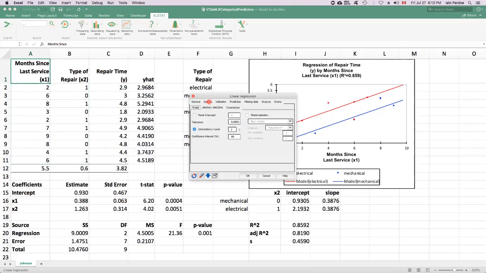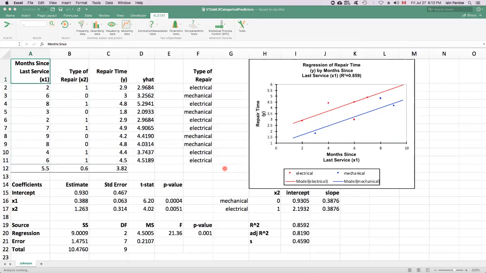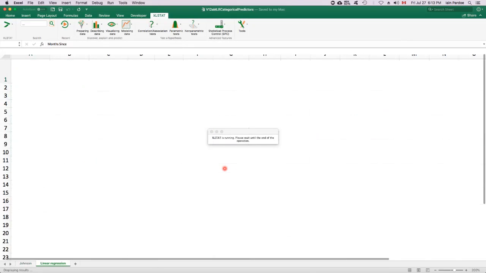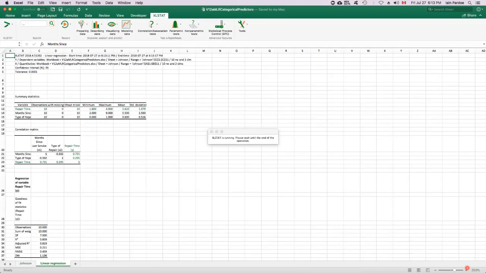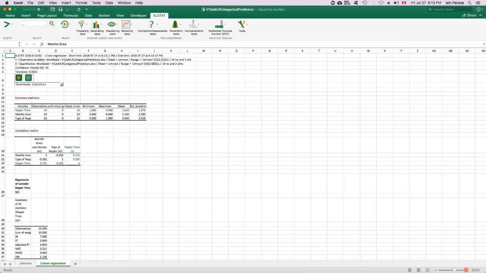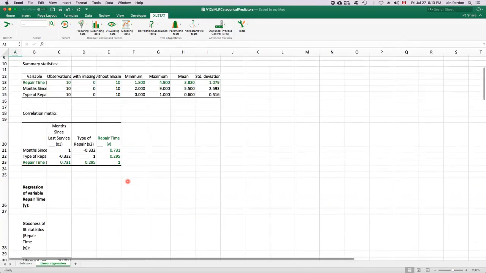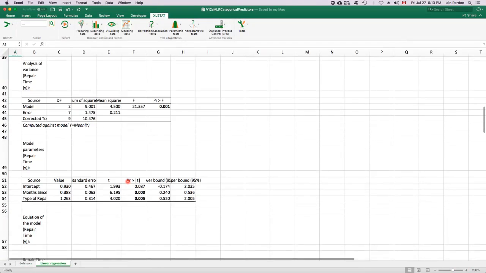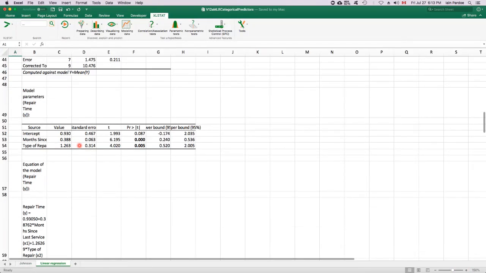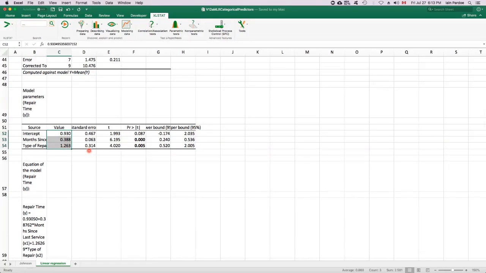Then let's just OK that and get the results. Let's make it a little bigger so we can see, and scroll down and find the numbers that are going to tell us the estimated equation. Those are these numbers here: 0.930, 0.388, and 1.263.